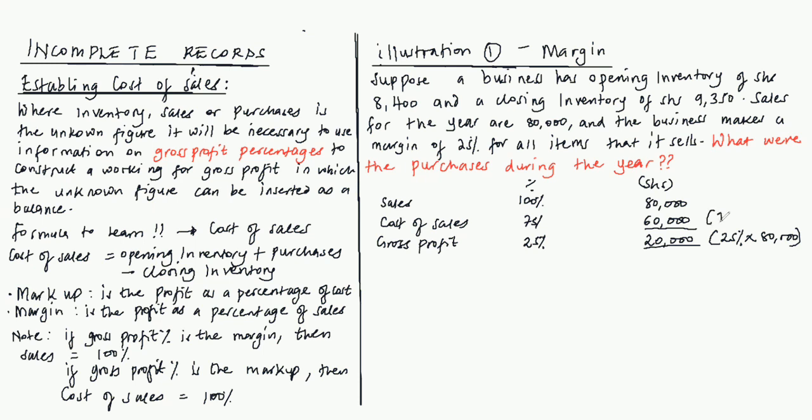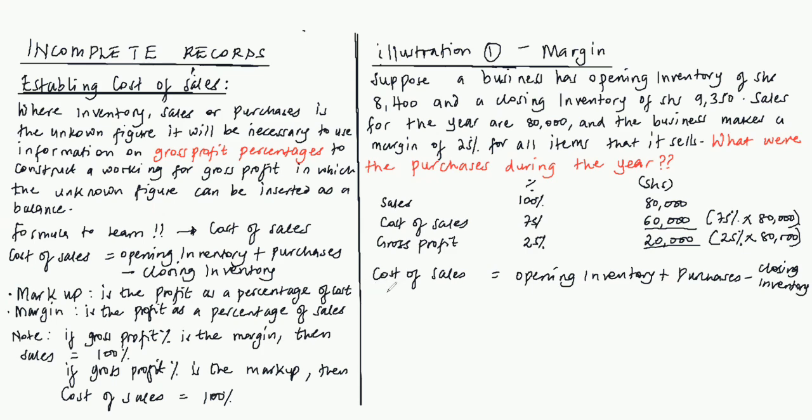So this is 75% times 80,000. Remember, we are calculating the purchases figure. But don't forget, we already have a formula to learn here: cost of sales equals the opening inventory plus the purchases, less the closing inventory.